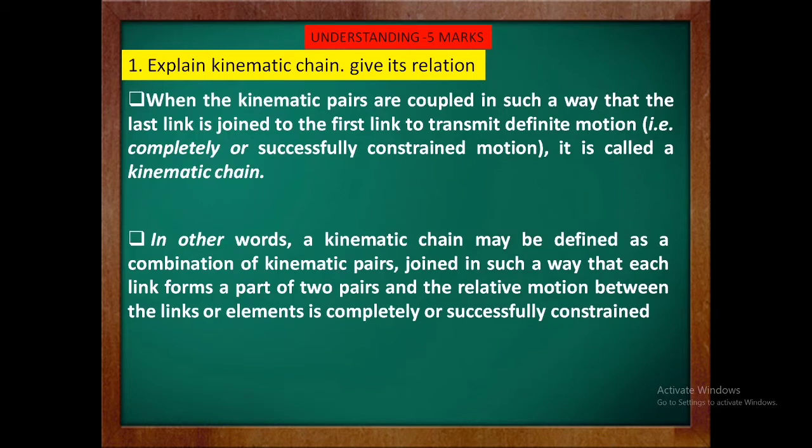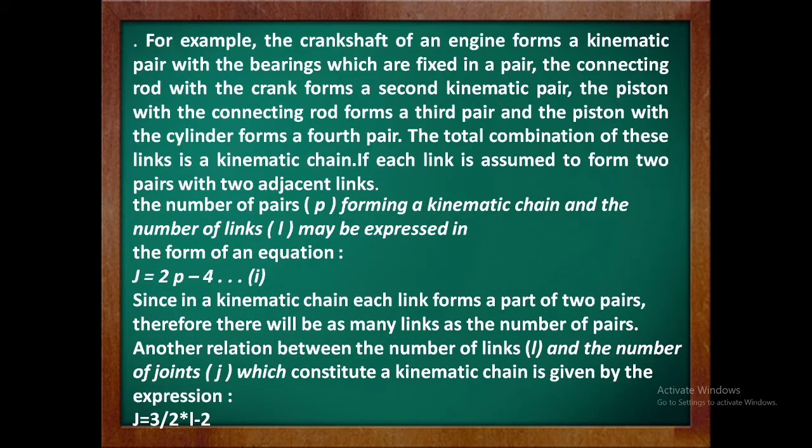For example, the crankshaft of an engine forms a kinematic pair with the bearings which are fixed. The connecting rod with the crank forms a second kinematic pair. The piston with the connecting rod forms a third pair, and the piston with the cylinder forms a fourth pair.